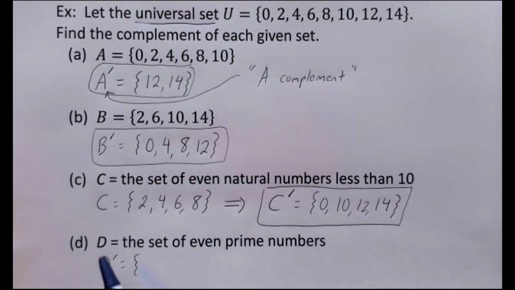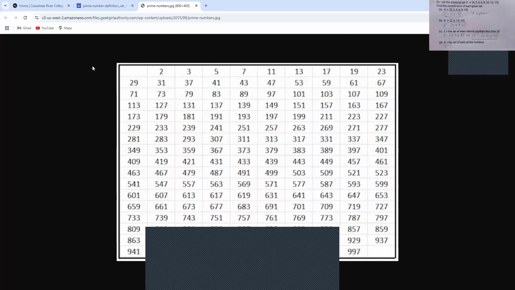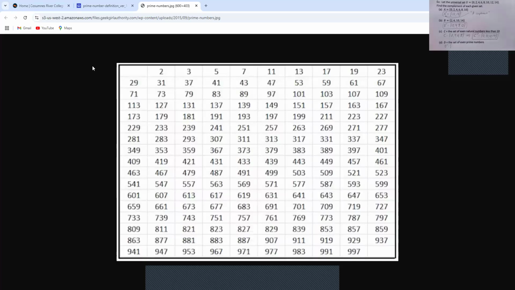So if D is described as the set of even prime numbers, you might remember just a minute ago I said 2 is the only even prime number on this list. All the rest of the prime numbers you're going to notice are odd. So 2 is the only even prime number.